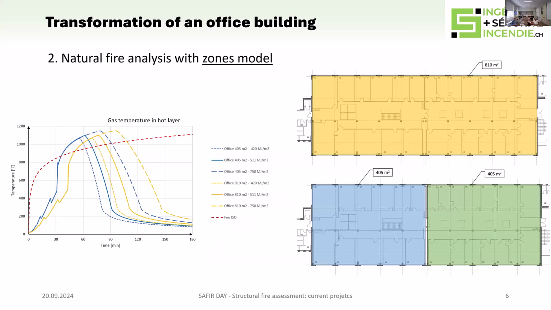Then we use a natural fire analysis with the zone model. We did it with OZone. You can see on the left side the scenario, we can reach quite a higher temperature with this model. We did 3 scenarios, one with 800 square meters and the others with half of the surface, but you see that we are all in a bad situation even with the zone model.